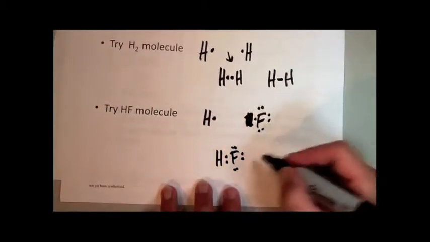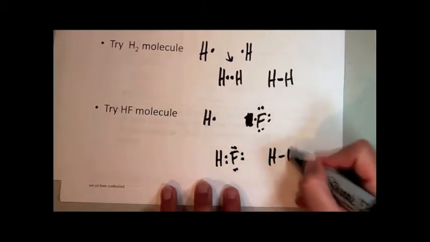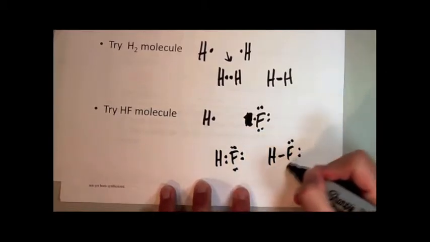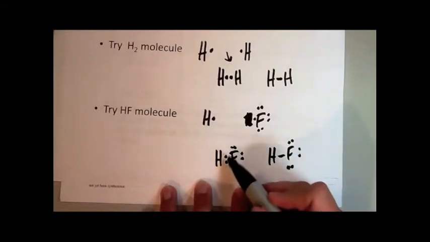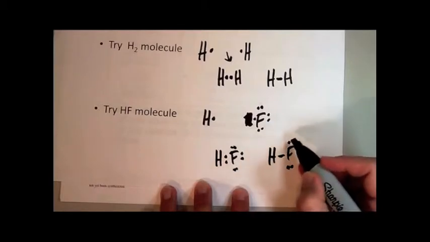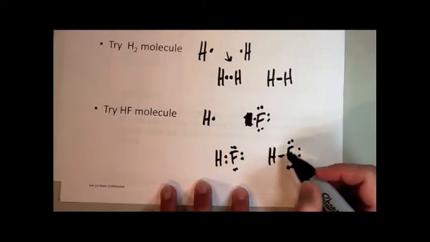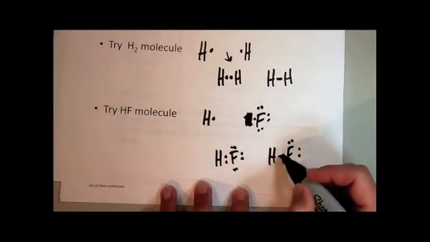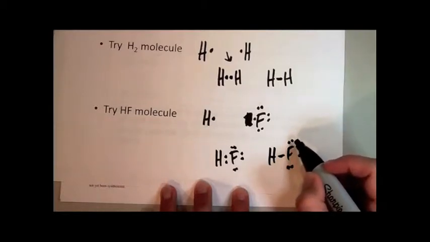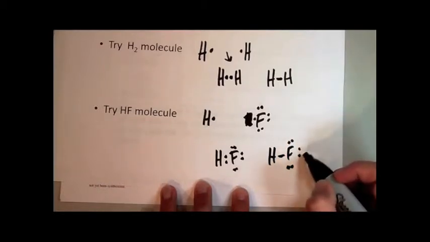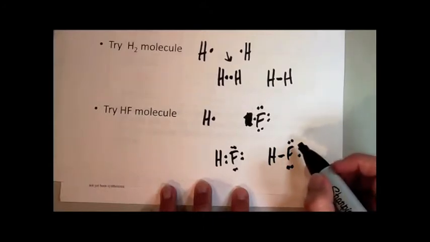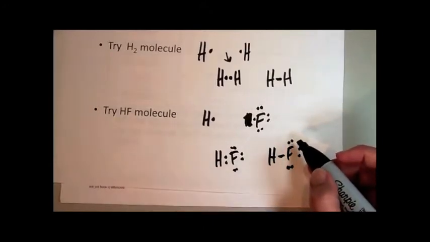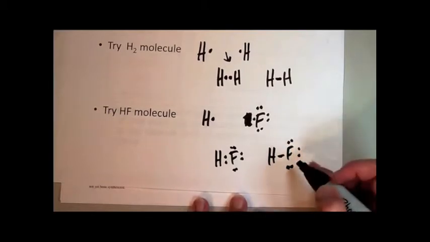And so I can draw it like this. And again, this dash is just modeling this shared pair of electrons. That's a covalent bond. I can leave it like this, and that's telling me on this fluorine, I have 1 shared pair of electrons, and I have 6 unshared electrons, or 3 pairs of unshared electrons.